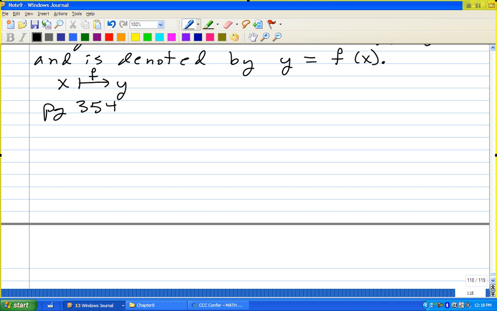And so let's see if this rule defines a function. So let's do 44 first.